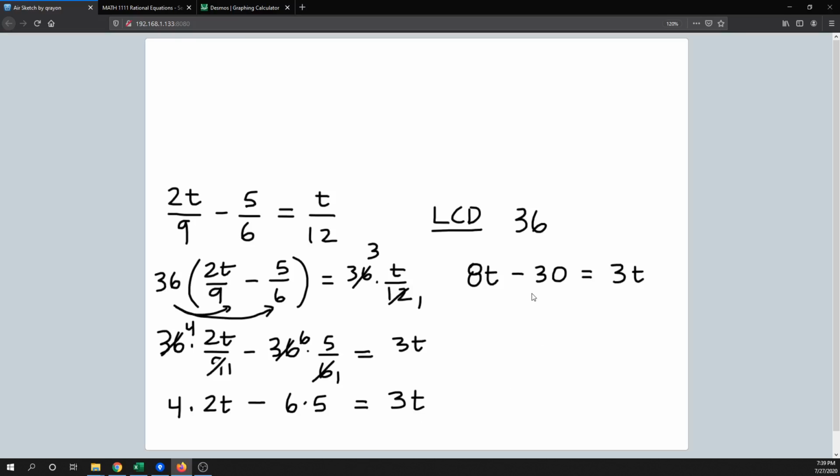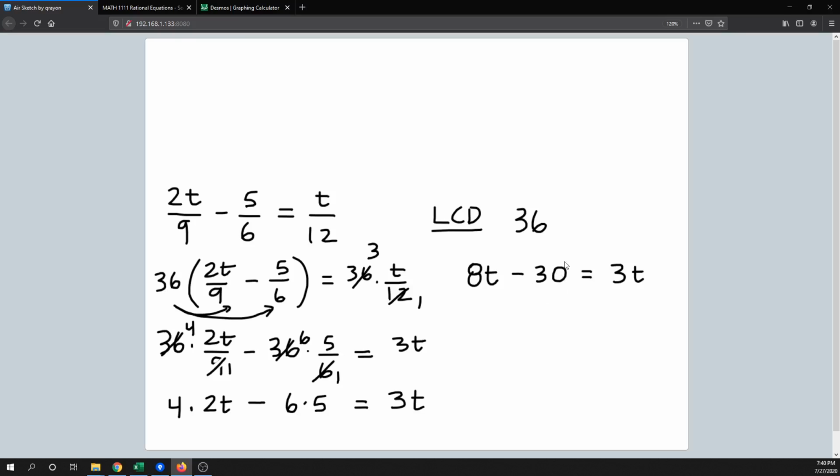So now we have each side as simple as we can possibly get it. What we want to go to next is adding or subtracting an expression from both sides. And remember, the goal is to get all of the terms with a variable on one side, all the terms without the variable on the other side.